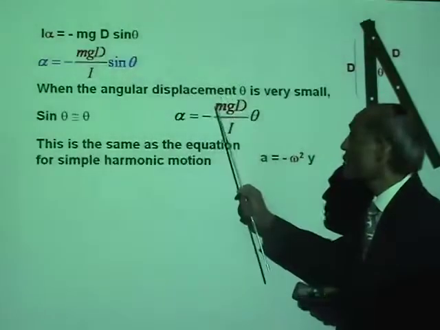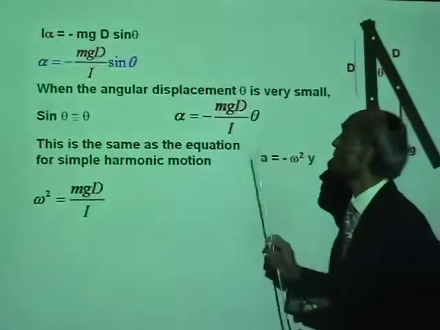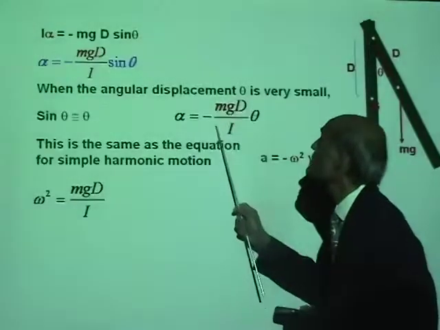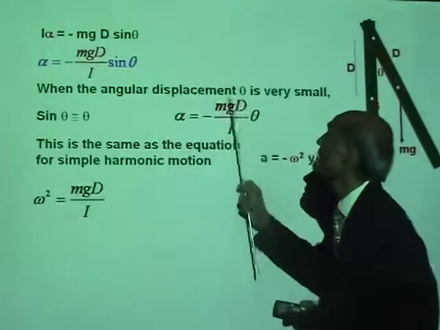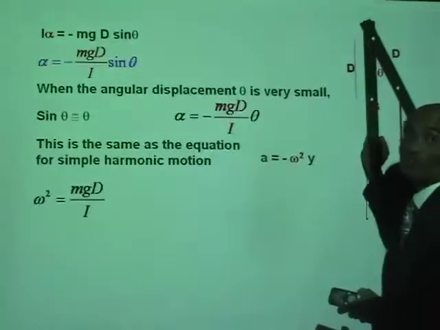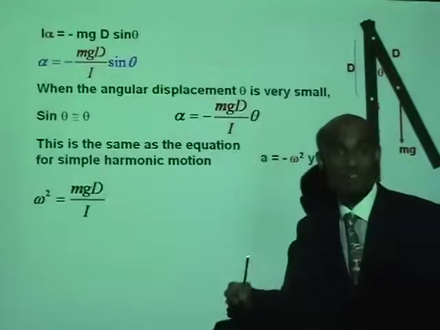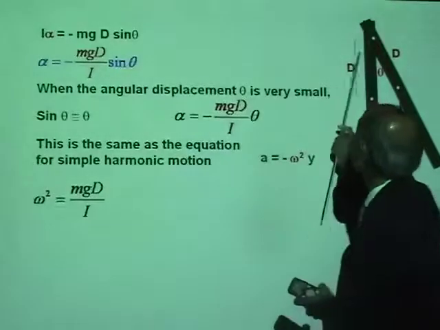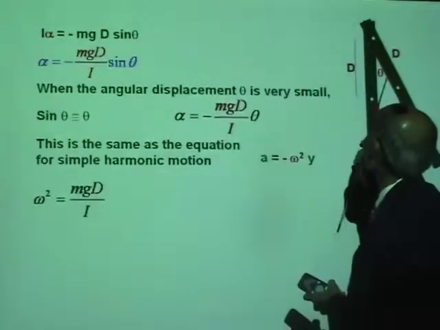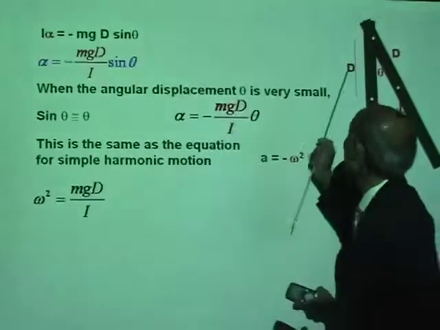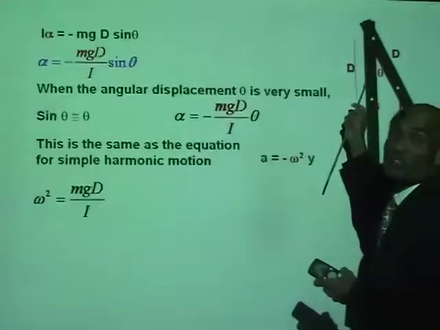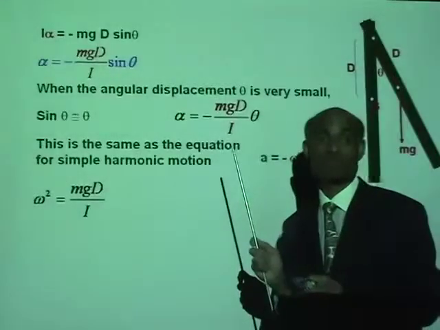Now, can you compare these two equations? Yes. We can now say omega squared equal to mgd divided by I, where m is the mass of the ruler, g of course is acceleration due to gravity, a constant, d is the distance of the point of suspension from the center of gravity, and I is the moment of inertia of this ruler about an axis through the point of suspension.